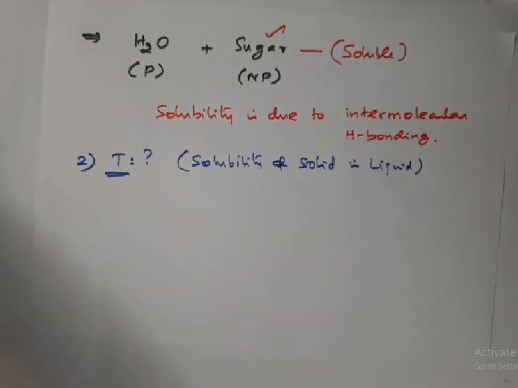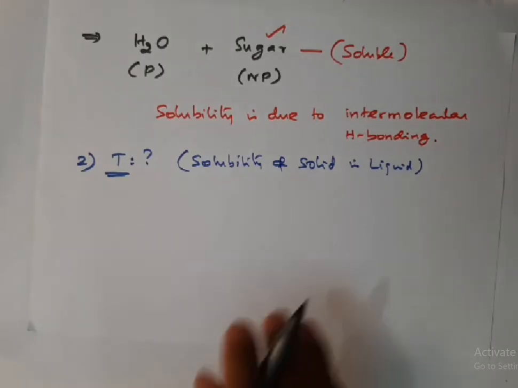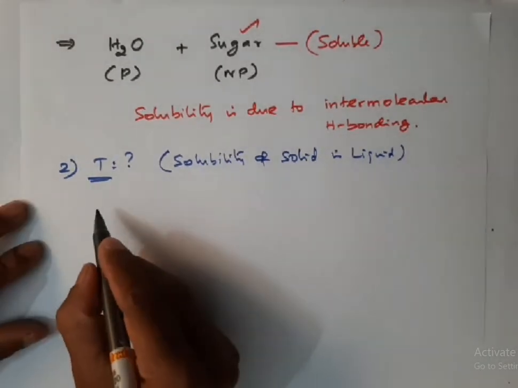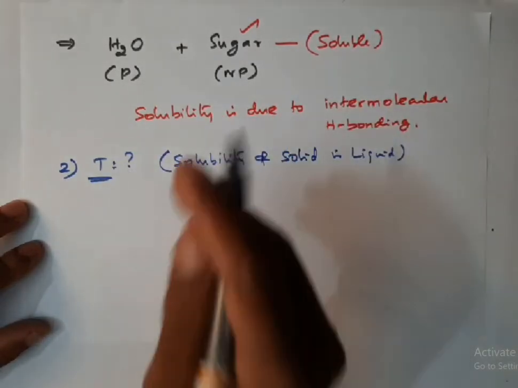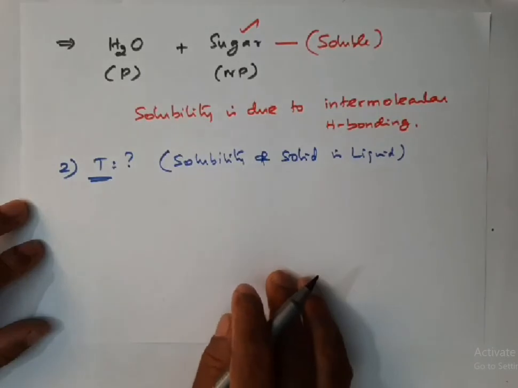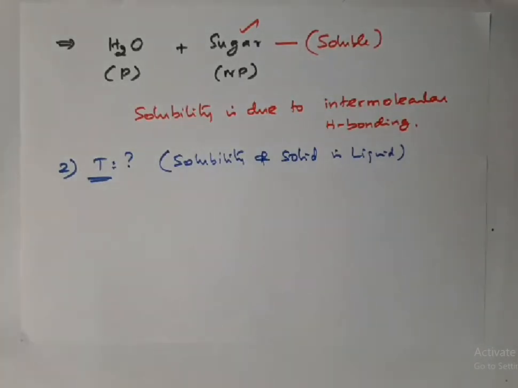Listen, students, this is very important. When you dissolve any substance in water or in a solvent, the solid substance gets separated and the particles go into the solution. After some time, the solid will disappear, correct?